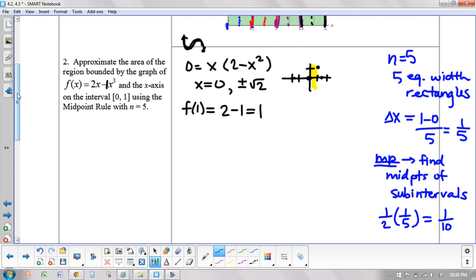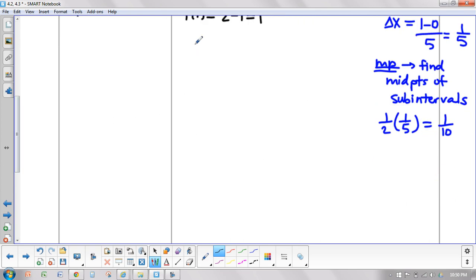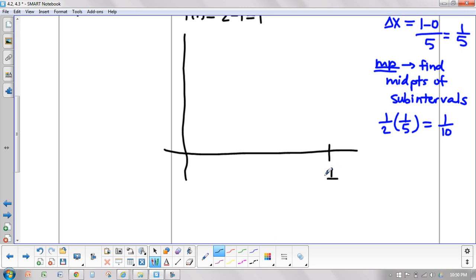Alright, so if we draw out what we've got, you need quite a bit of space because you have 5 rectangles and we want to do midpoints with them. So I'm going to put my mark for 1 way over here. I'm going to make my little intervals. Okay, so here's 1/5, 2/5, 3/5, 4/5, and then 1 is at 5/5.